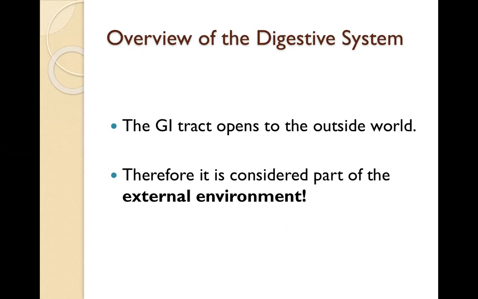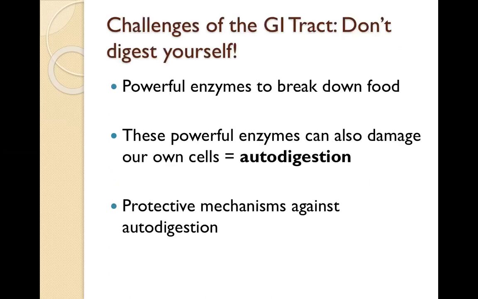So really try to keep that in mind, that this is part of the external environment. And because it's part of the external environment, there are many challenges that the digestive system faces. Some of these challenges include, well, our GI tract is really important in digestion, and we are made of the same biomolecules that the things we ingest are. So one of the challenges is we can't digest our own cells.